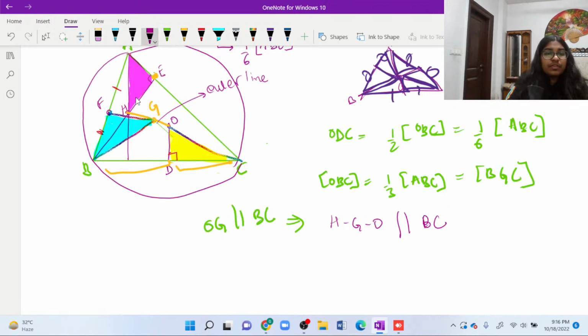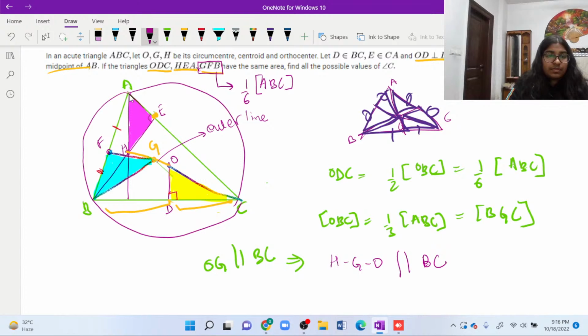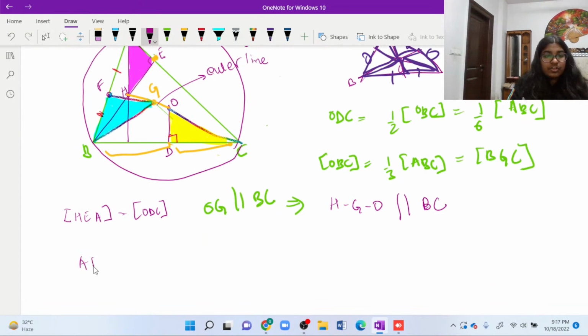And now we need the area of HEA. We know that AH equals 2 times OD, because this is the Euler line, and that's a lemma that's used to prove the Euler line.